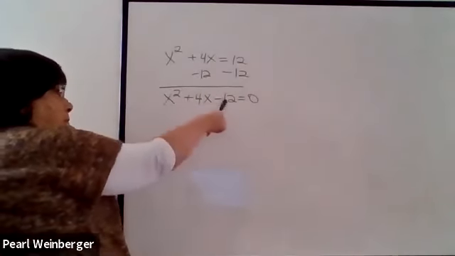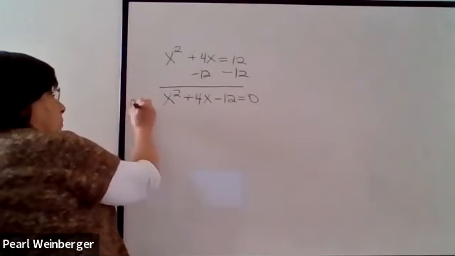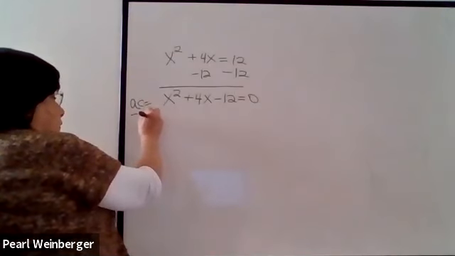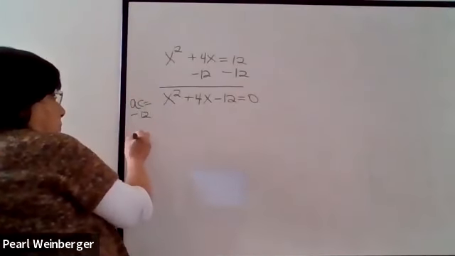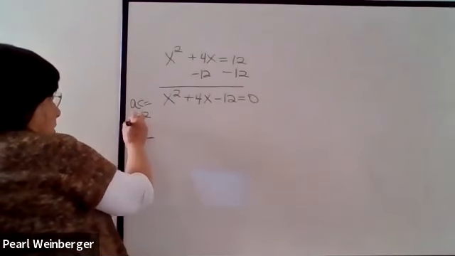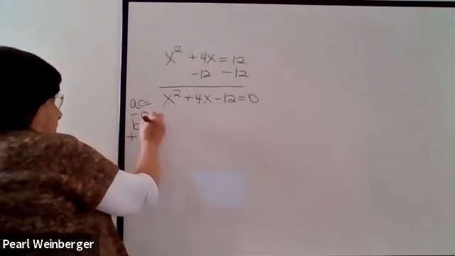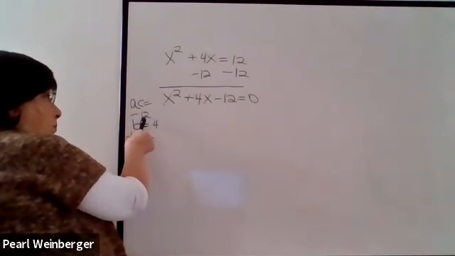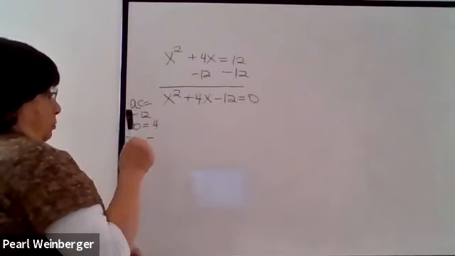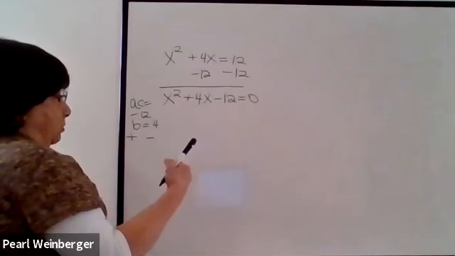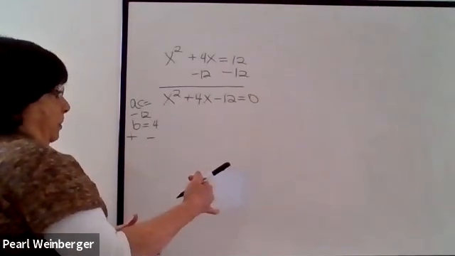Well, you know how we're going to try factoring this using our AC method. Our AC is negative 12, which means we're multiplying one positive number and one negative number. Our B is positive 4. So we're looking for two numbers that are going to multiply to negative 12, but when I combine them, will give me positive 4. One of them is going to have to be a positive number.